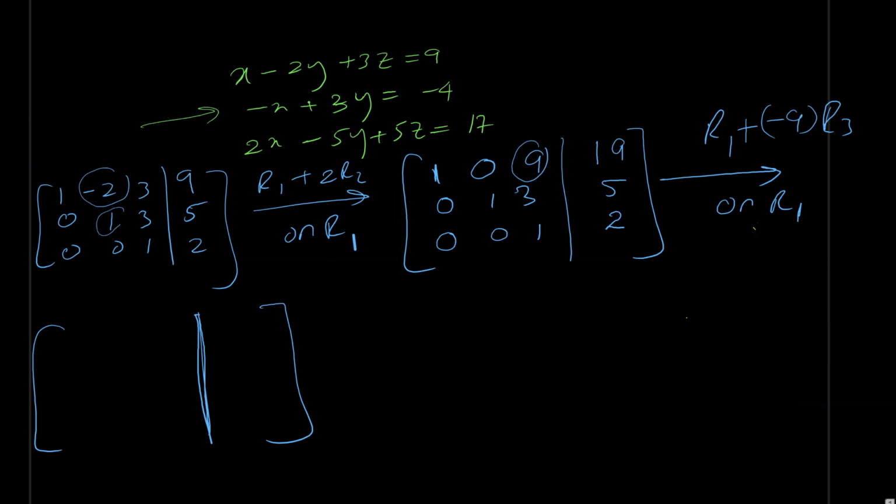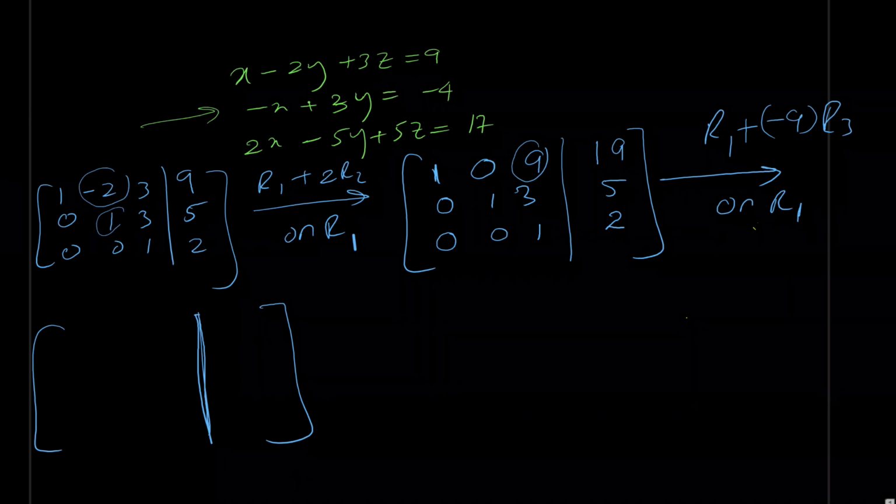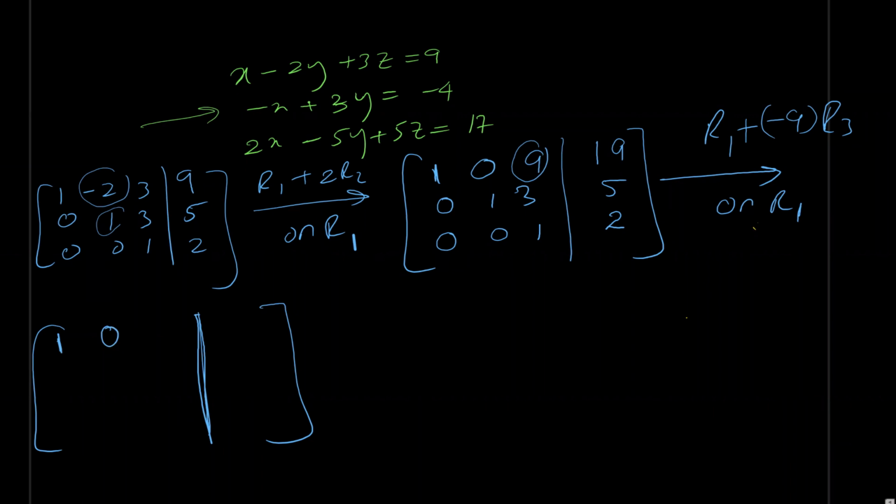So R1 plus negative 9 times R3. So 1, 0, 9 and negative 9, 0. 19 minus 9 times 2, 18. So 19 minus 18, 1. See, now this is much better. And 0, 1, 3, 5, 0, 0, 1, 2.